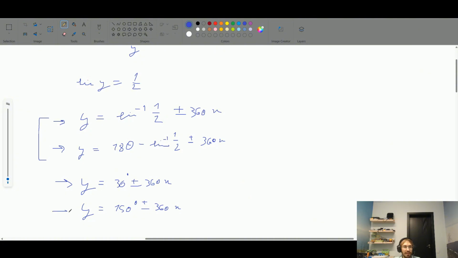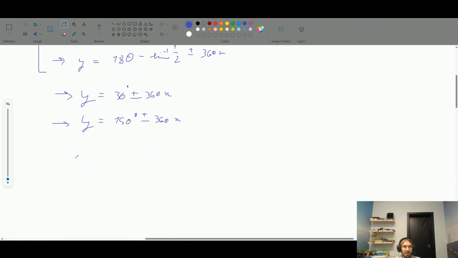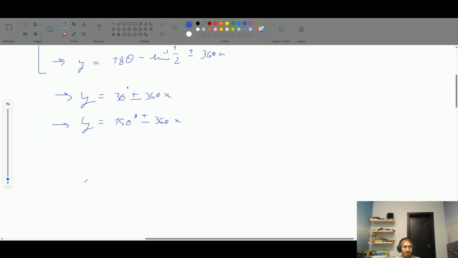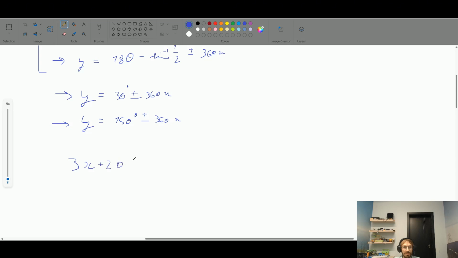But after that, this is where the problems start. Students replace y with 3x plus 20, and they happily divide by 3. So 3x plus 20 equals 30 plus or minus 360n, and 3x plus 20 equals 150 plus or minus 360n.